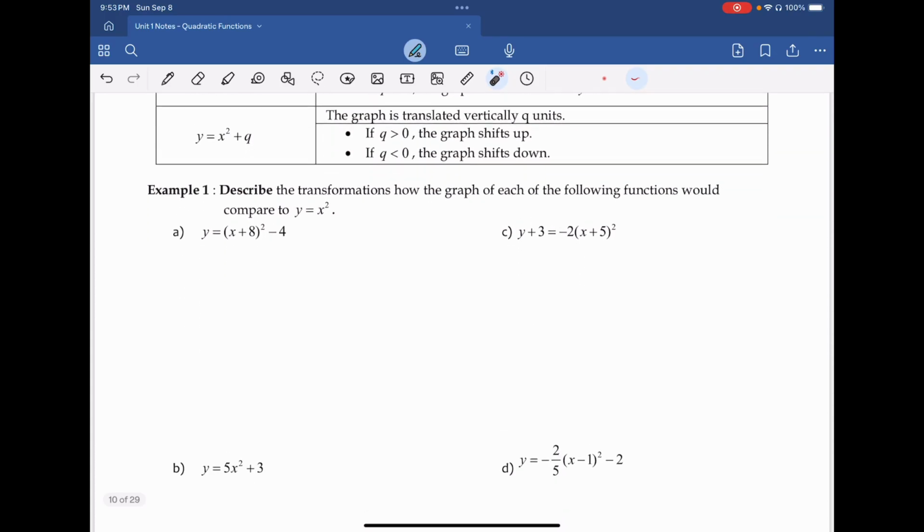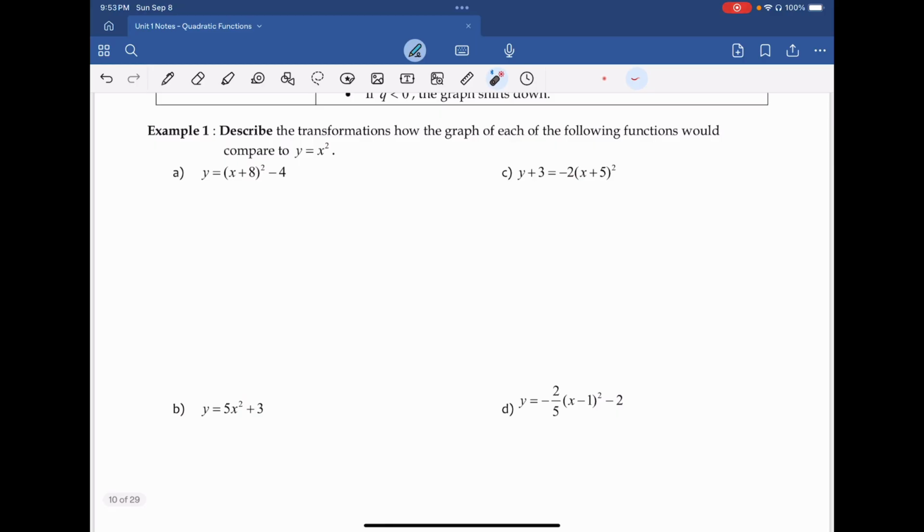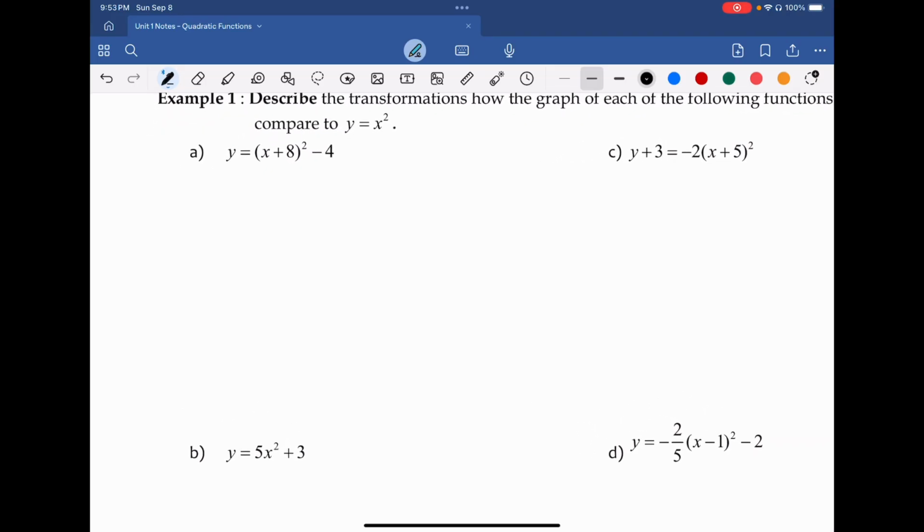Okay, let's look at class example 1 here. Describe the transformations and how the graph would ultimately compare to the original function of y equals x squared. Now, to describe the transformations here, we're just going to put a simple sentence in that specific order, just like we did on the first page. So let's say I look at this first one here. Well, I want to analyze the vertical stretch first, because remember, by our SRT rule, stretch, reflection, translation, we need to do it in that specific order.